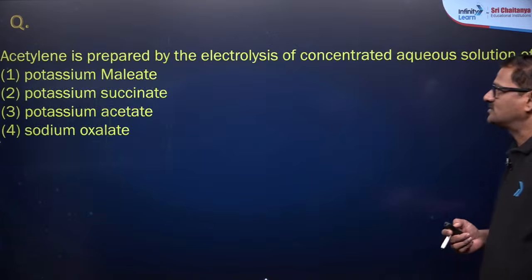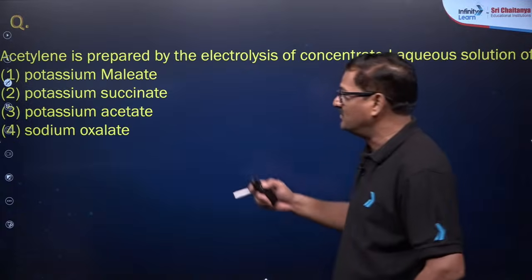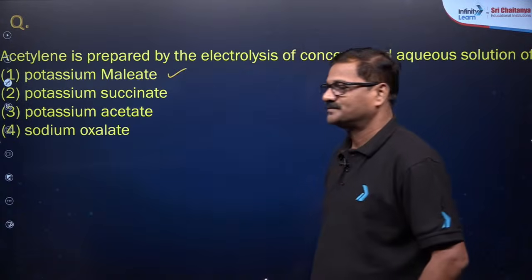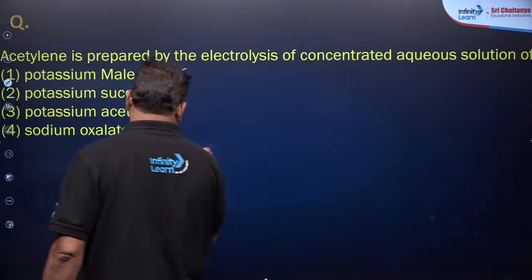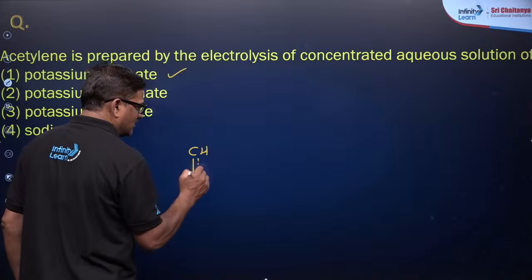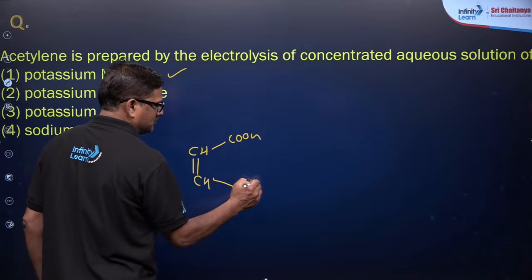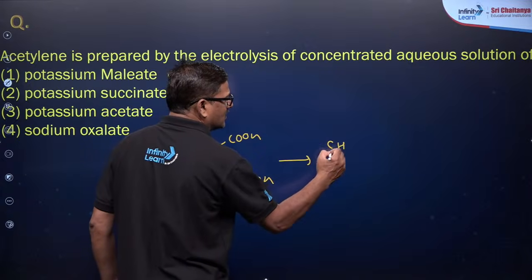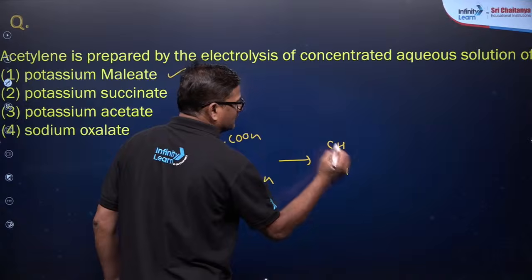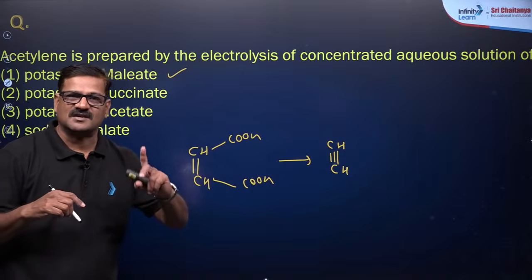Now one more question. Acetylene is prepared by the electrolysis of potassium maleate. Maleic acid means CH double bond CH COOH, and on electrolysis it is going to give CH triple bond CH. Maleic acid is a cis isomer, fumaric acid is a trans isomer.